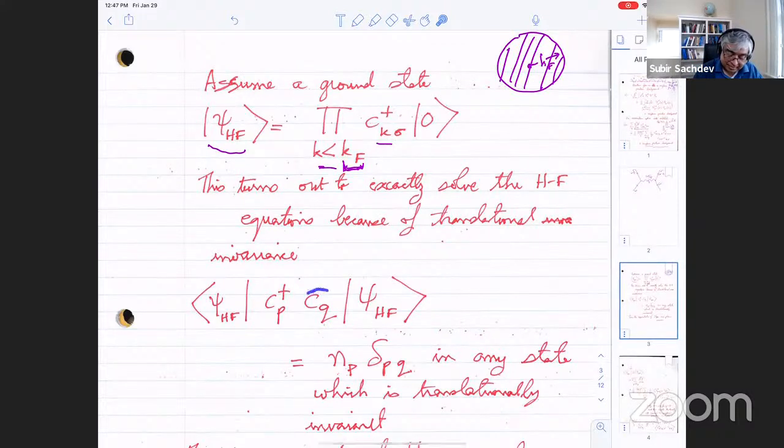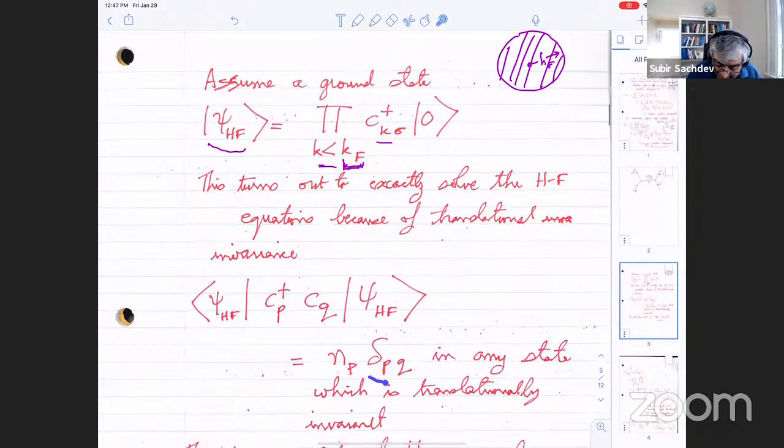Whatever particle you destroy with q, you better put it back in. Otherwise, the overlap would be 0. So it has to have this delta function. P must equal q. And then the rest, n of p, which is the number of particles with momentum p, when p equals q, that can be some strange function of p in general. And you can see that this is actually a more general statement, not just for this particular wave function.